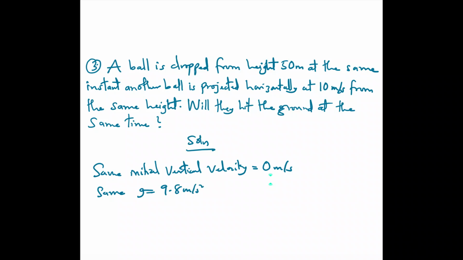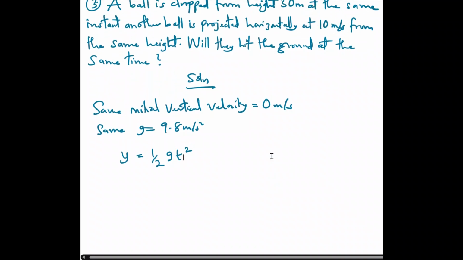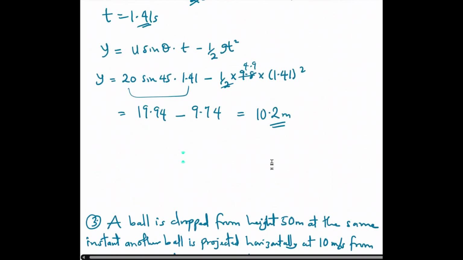We have to find the time that they will hit the ground. So the time depends only on the vertical motion, right? And so that will be y is equal to 1/2 g t squared.